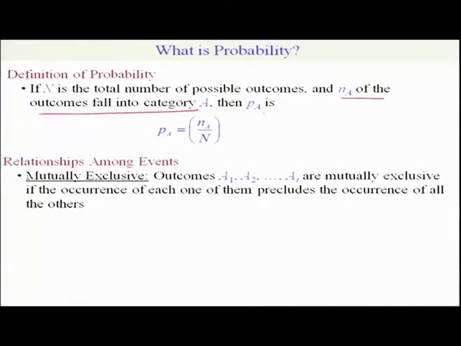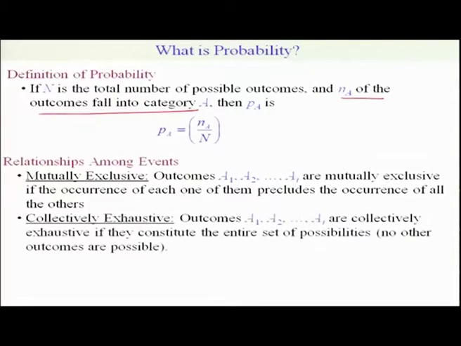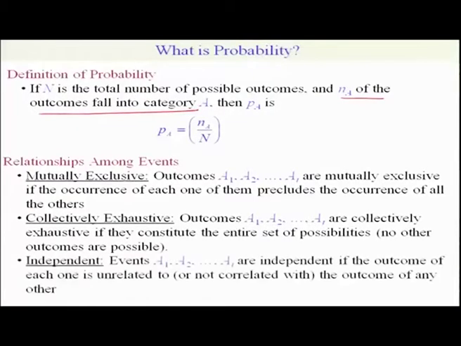As far as this probability of A is concerned, we know this, but events can have various different relations, and we are aware of relations such as mutually exclusive. When we say the outcomes A1 to AT are mutually exclusive, it means simply that the occurrence of each one of them precludes the occurrence of all others.